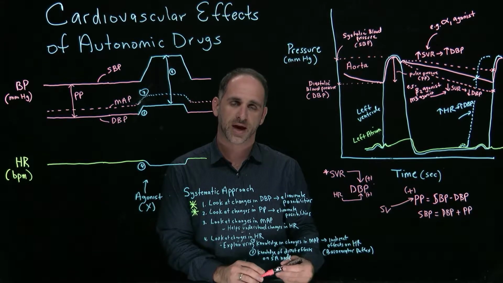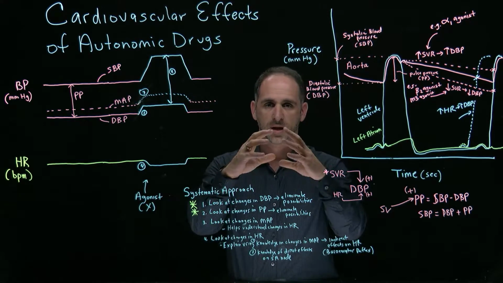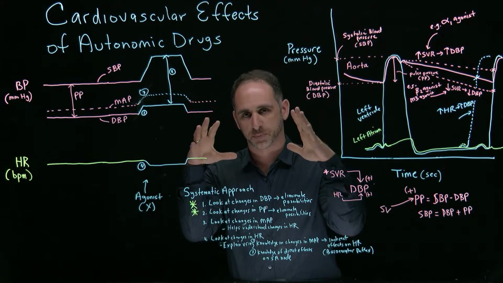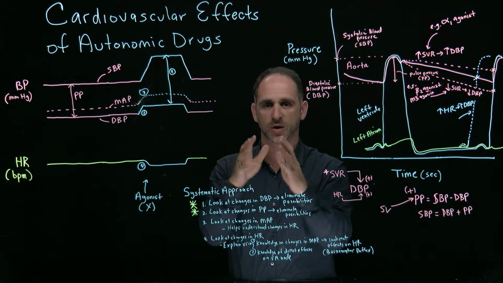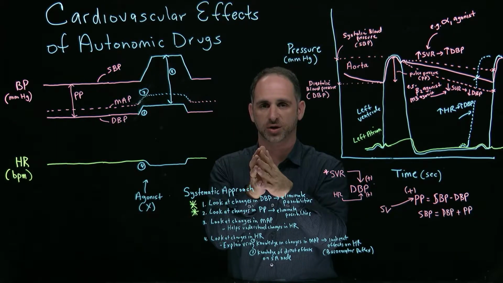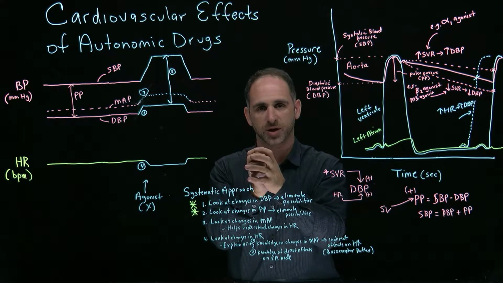Another thing that we can think about affecting the pulse pressure is not only how much blood is ejected into the aorta, but also how forcefully the ventricle contracts, because of that increase in rate of pressure increase.